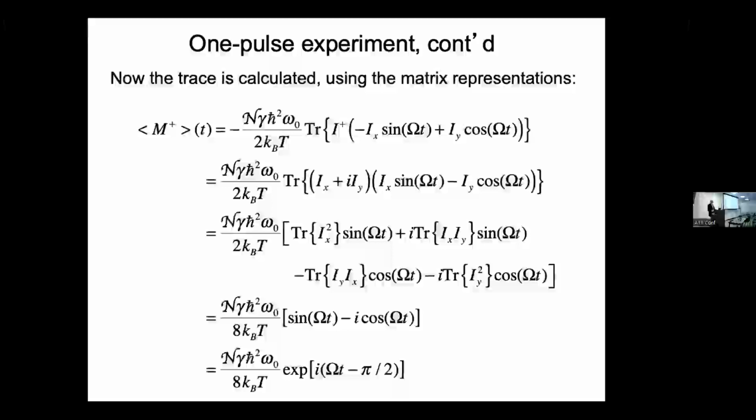For example, you already know that if you have 2 spins with the J coupling, you expect the I spin spectrum to be a doublet. You expect the S spin spectrum to be a doublet. So there's a lot of matrix multiplications in the slide deck to show that that's the case.